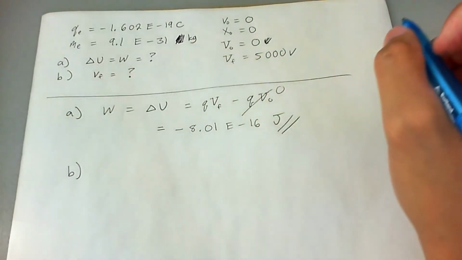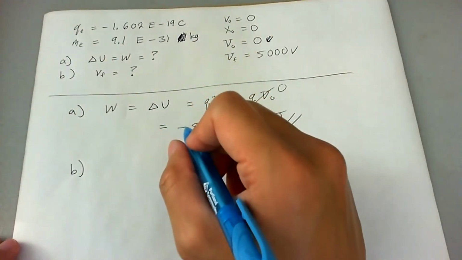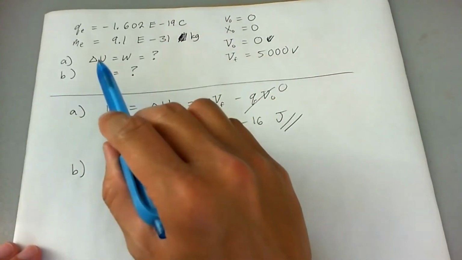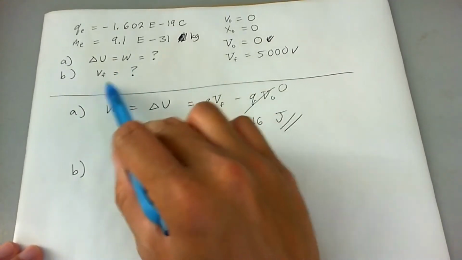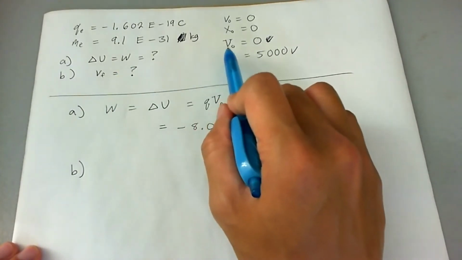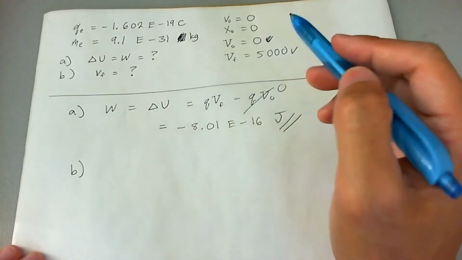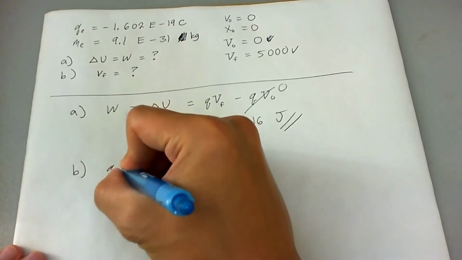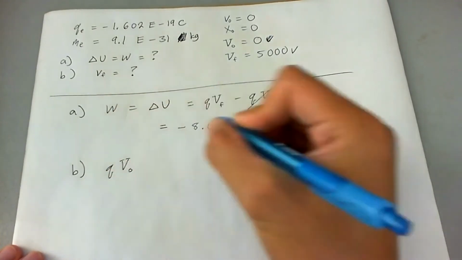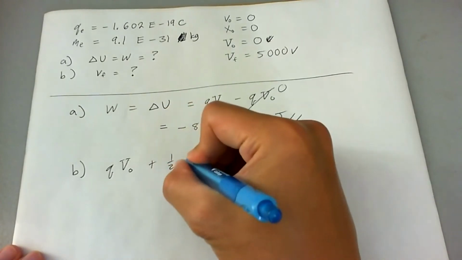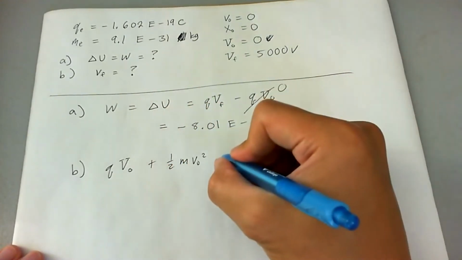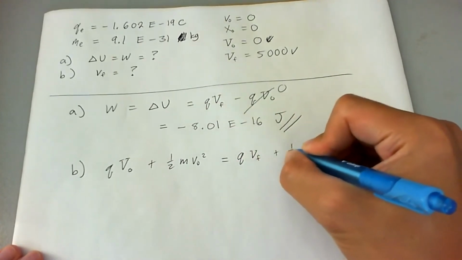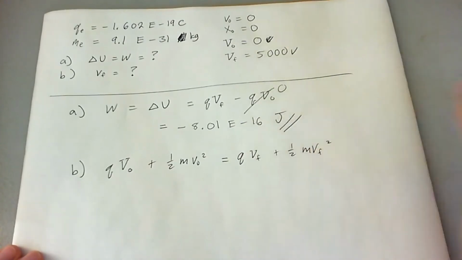Let's do part B. Part B invokes the conservation of energy equation because they want to know the velocity. So let's look at the difference between small v and big V. I put little hats on top of the big V. The conservation of energy says that the potential energy initial plus kinetic energy initial of the electron is equal to the final potential energy plus the final kinetic energy of the electron.